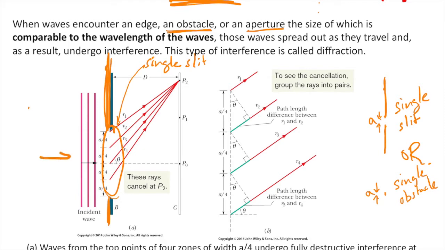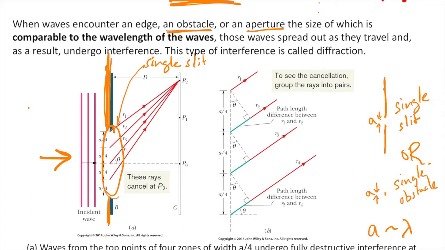When incident waves encounter an edge, obstacle, or aperture, the size of which is comparable to the wavelength of the waves, right? So that means A has to be about the same order of magnitude as the waves.